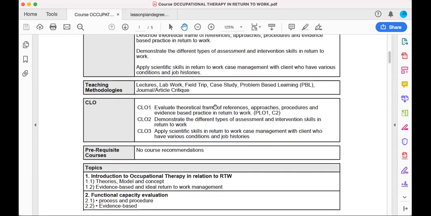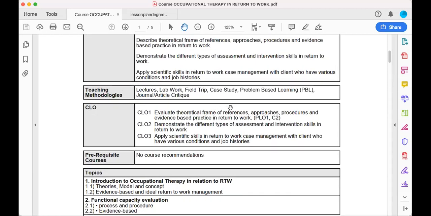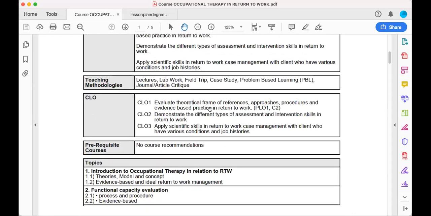And also there is a case study. I will provide to you case studies, and also problem-based learning, and also a lot of journals and articles in this code. So you're able to evaluate, demonstrate, and apply scientific ways in terms of case management.